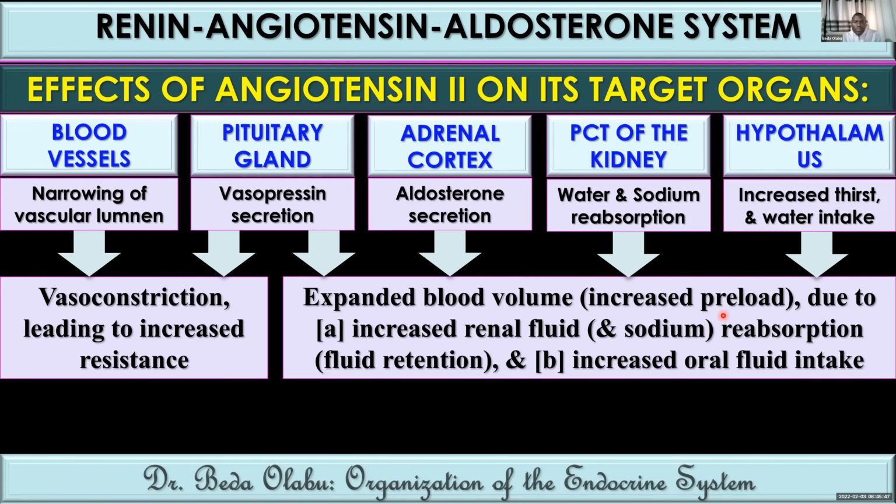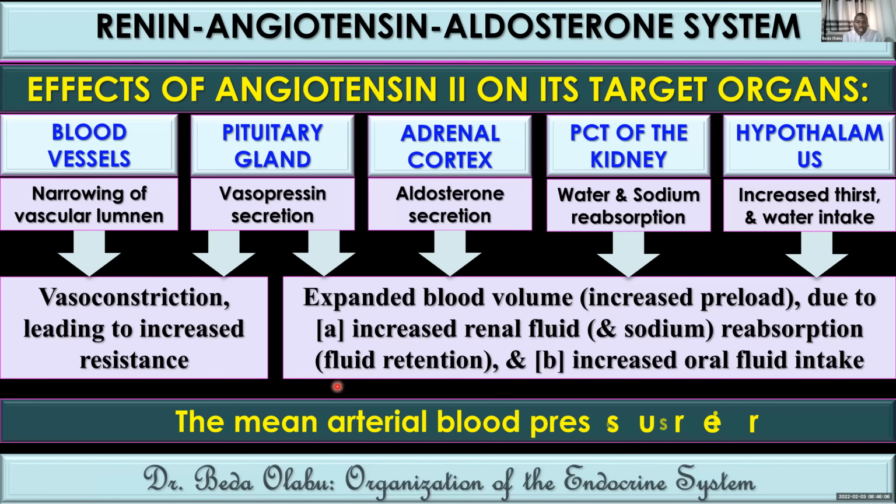Now, if you remember from your vascular physiology, or physiology of blood pressure, if you cause vasoconstriction and you also expand blood volume, basically that will raise the mean arterial pressure.